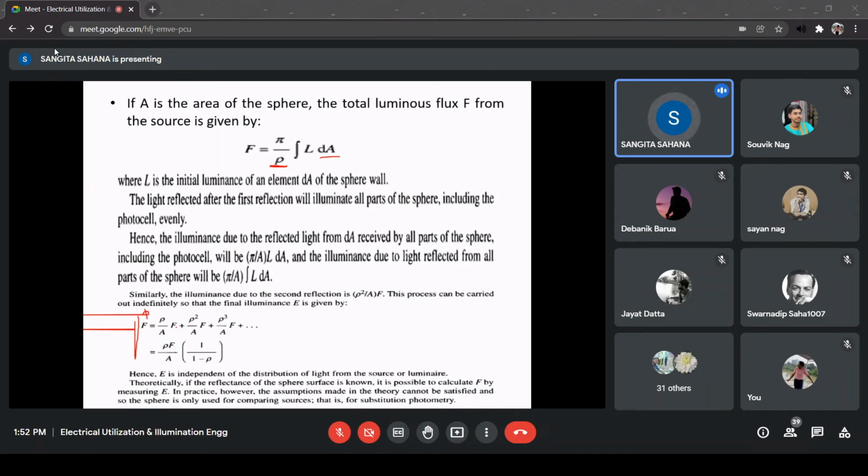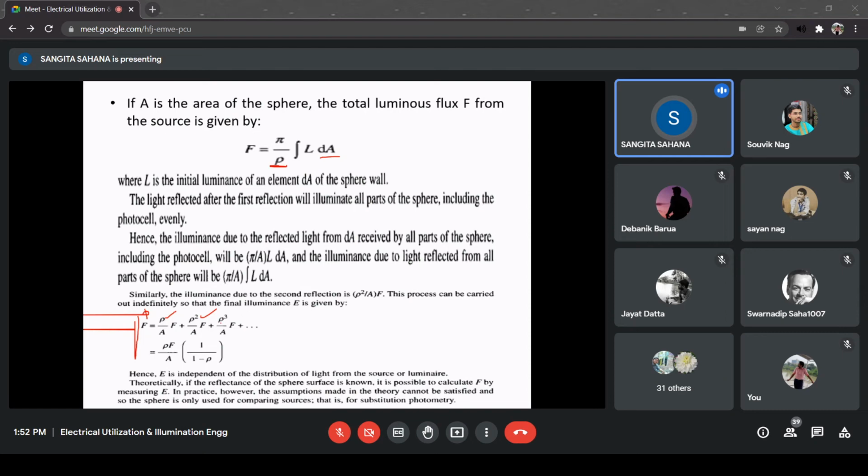Okay, so then it will be reflected, and after the first reflection, the amount of light will be rho into phi, right? If 100% falls, maybe I get 90%, so 90% of the total initial luminous flux. So this is after the first reflection. After the second reflection, this rho into phi will be reflected again, so again rho into phi.